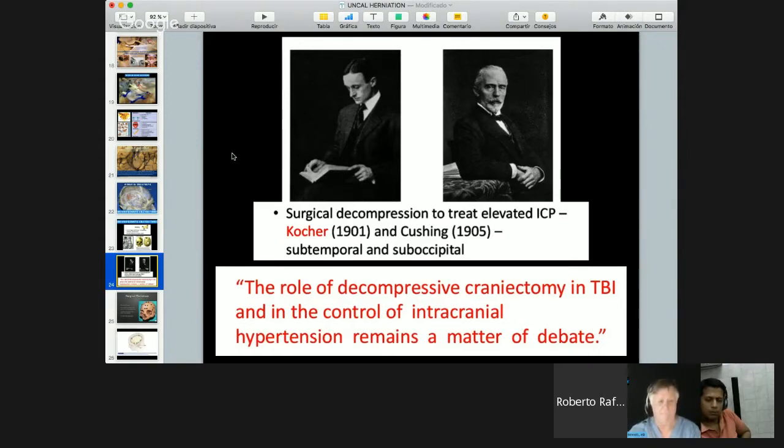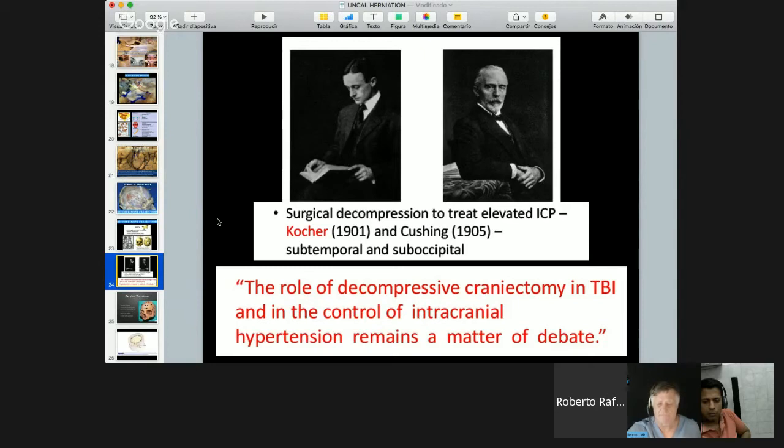But nowadays, the role of the decompressive craniectomy in trauma, brain injury, and in the control of intracranial hypertension remains a matter of debate. It's not clear.